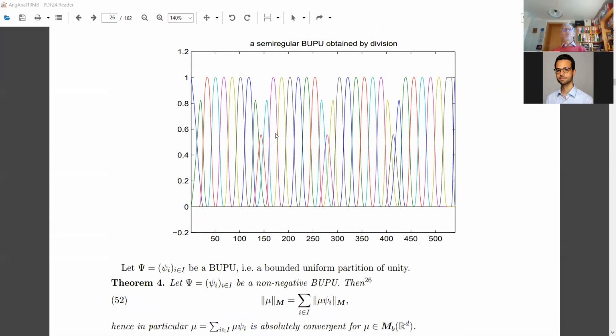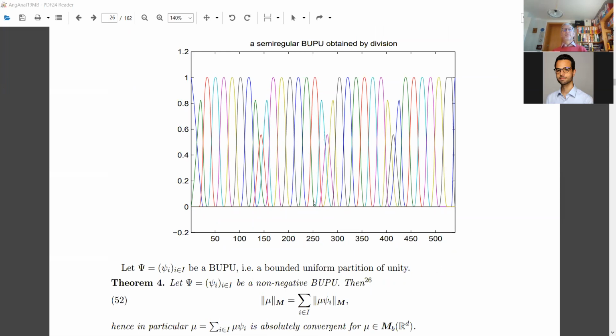If I would give you a non-regular partition of unity, in the one-dimensional case it looks like this. You have functions which are not overlapping too much. Maybe you take a red one, it's overlapping with, let's say, 2 neighbors to the left and 2 to the right.